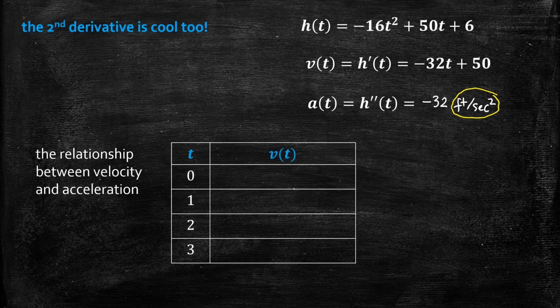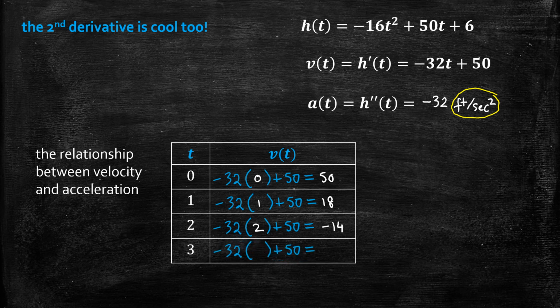We already calculated some of these in the previous slide, but just to show you the pattern that's going on. So we would plug in 0 here, and we would get 50 feet per second, as we discovered before. Here we would plug in 1, and we have 18. At t equals 2, we would get negative 14, and at t equals 3, we would get negative 46.